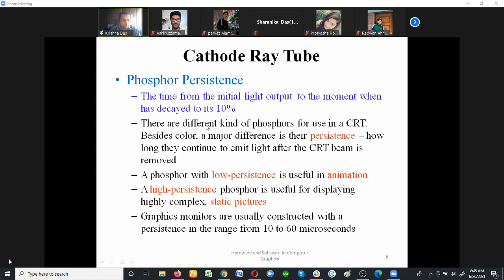No, that is different. What is actually the persistence nature of the phosphor? That was my question. 10 to 60 microseconds is commonly the phosphor persistence for different computer graphics monitors. Now, what is phosphor persistence? That was the question.